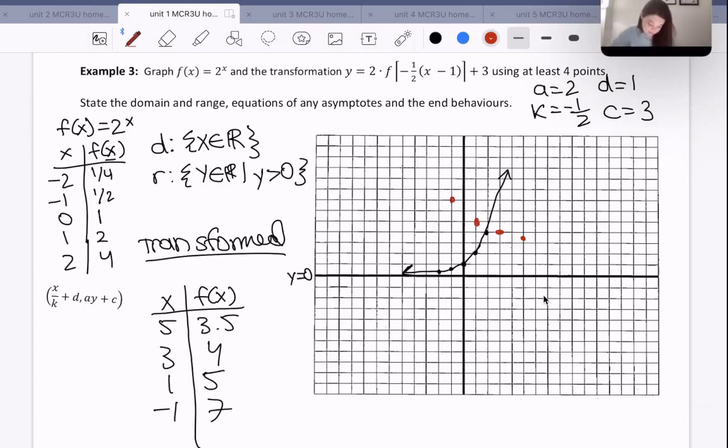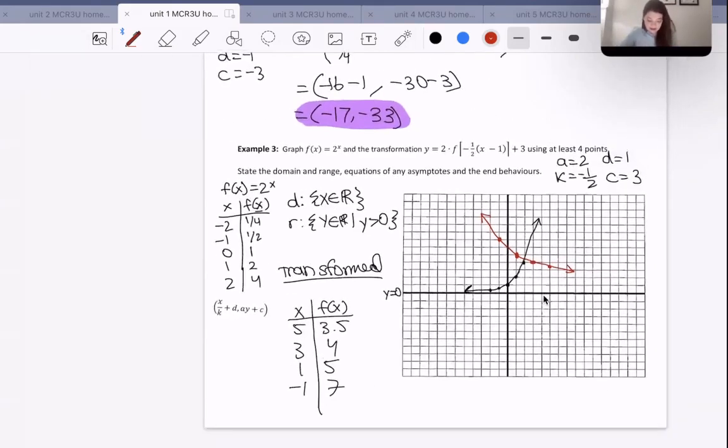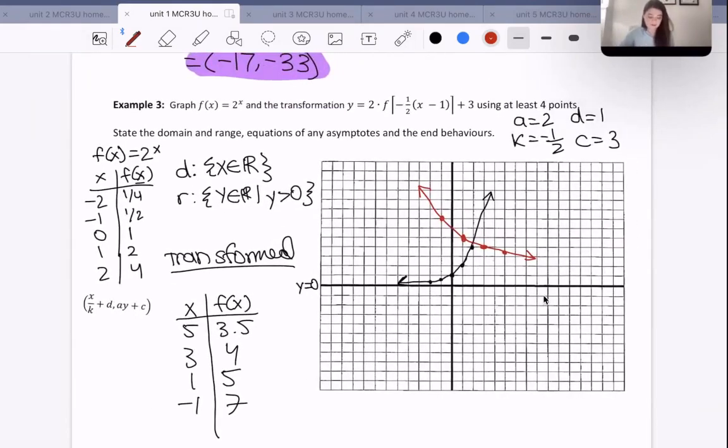Okay, so it looks like they're going to go somewhat like this. Something like that. If we think about what's being done here, it should have been a vertical stretch by 2, a horizontal stretch by 2, also reflected in the y-axis, which looks like it was, and then also moved over a bit as well. That looks about right.